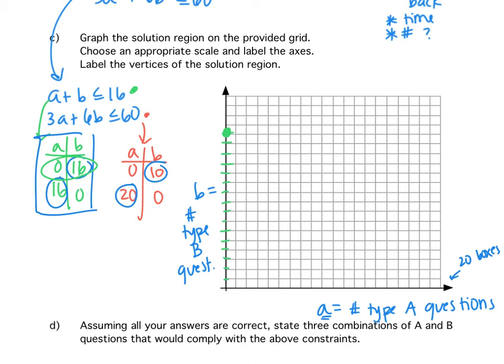And then likewise, I need to do the same thing on A. So I get 1, 2, 3, 4, 5, 6, 7, 8, 9, 10, 11, 12, 13, 14, 15, 16. Okay, so then of course I'm going to connect these. In this case, I have an equal sign, which means it's going to be a solid line. It's an inequality, so I do need to shade. If I plug in 0, I get 0 plus 0 is less than or equal to 16, which is true.